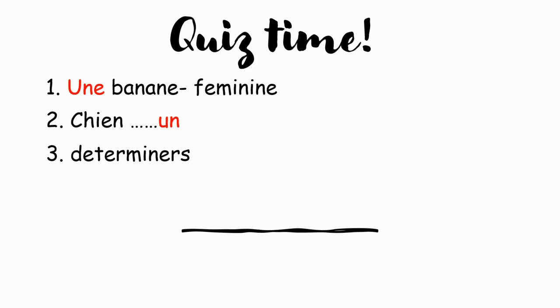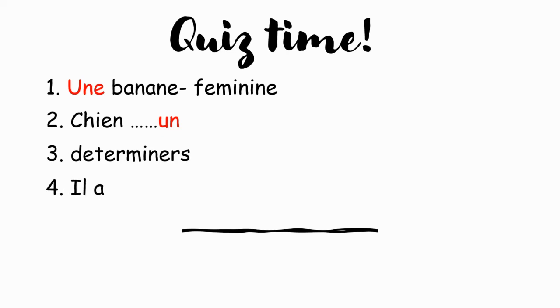How do you say he has in French? You've got 5 seconds. Go. If you got il a, you were correct. Moving on to number 5.